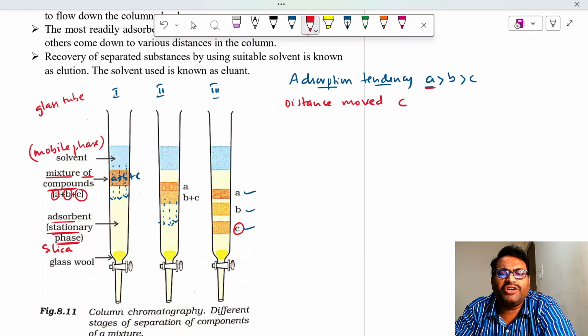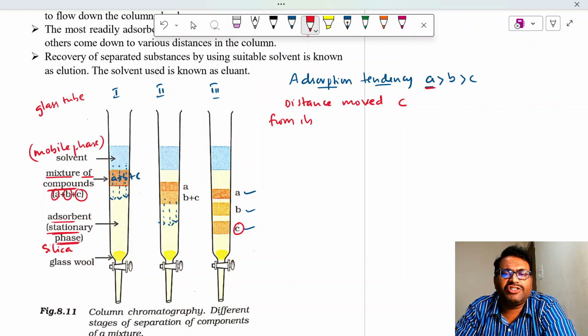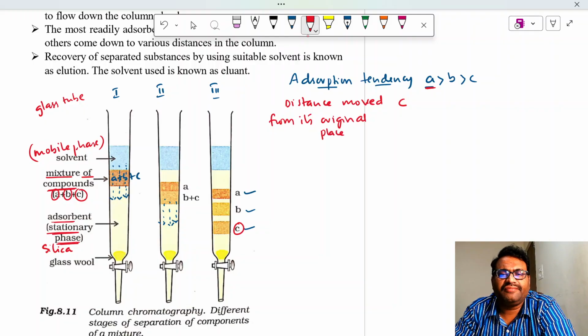C will move more distance from its original state, original place, let us say. Here originally 3 are there. Which moved more distance? C greater than B greater than A.